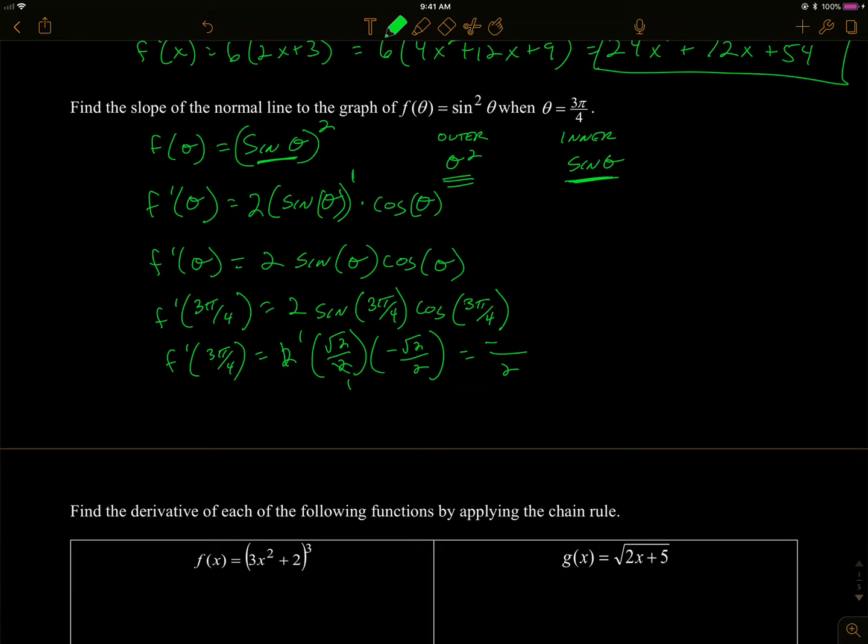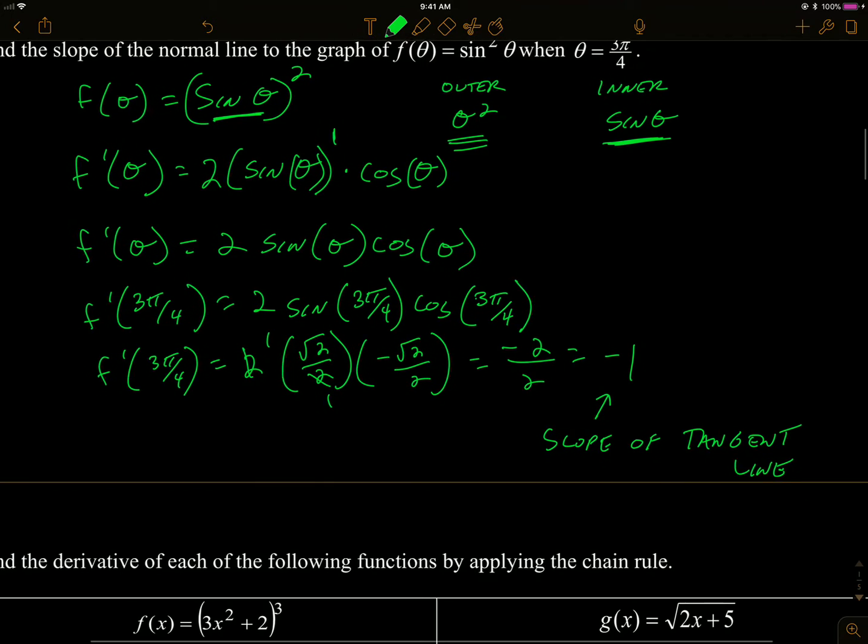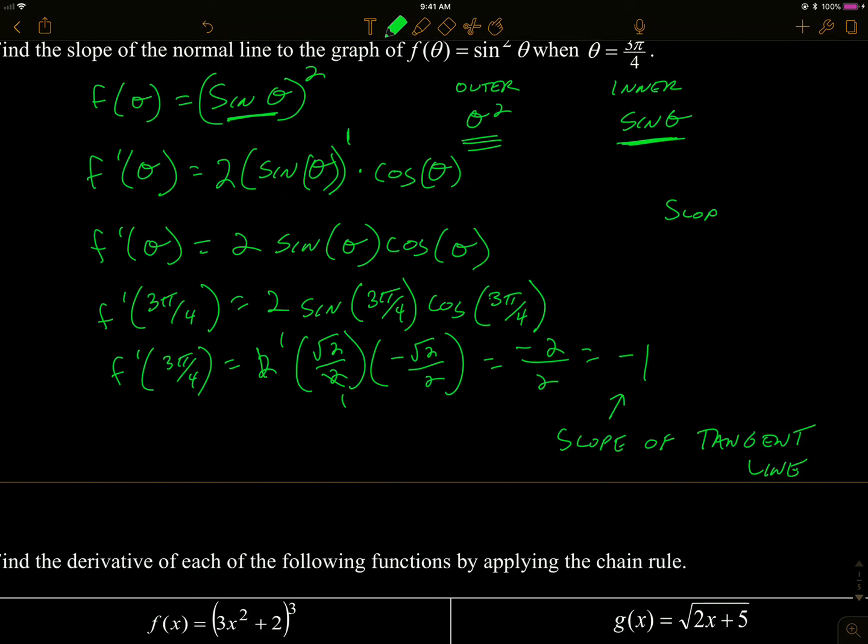It's going to be a negative, a root 2 times a root 2 is a 2, it looks like it's going to be negative 1. That's the slope of the tangent line. So then the slope of the normal line is going to be the opposite reciprocal of that, which is 1.